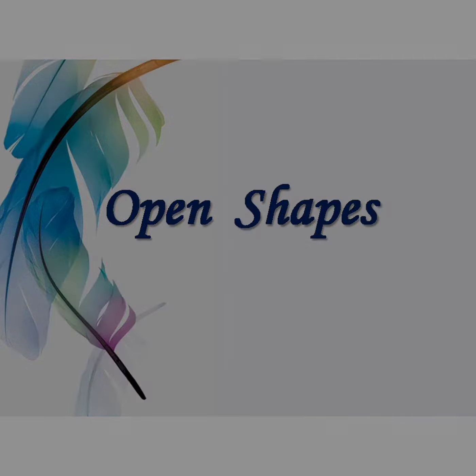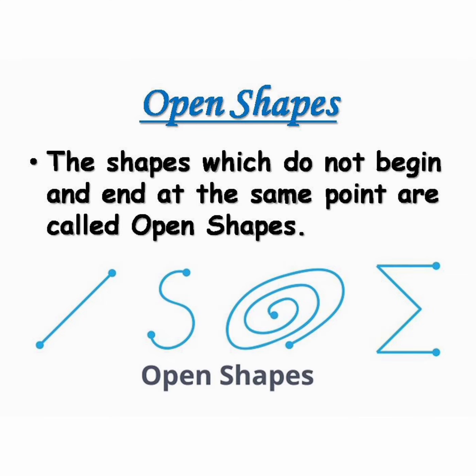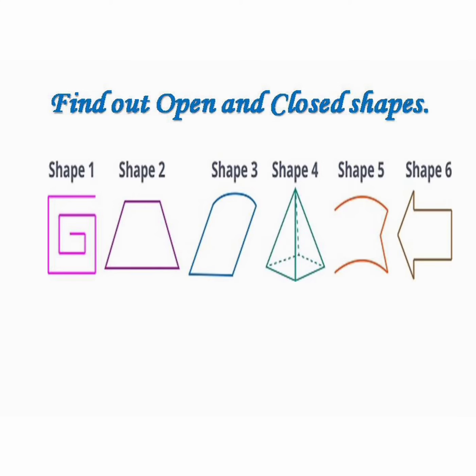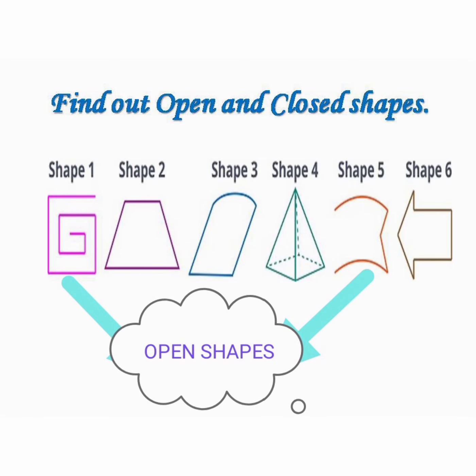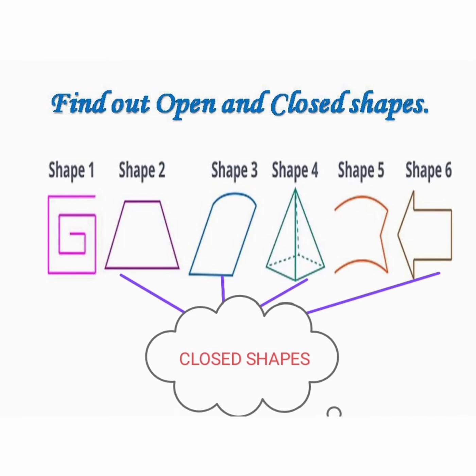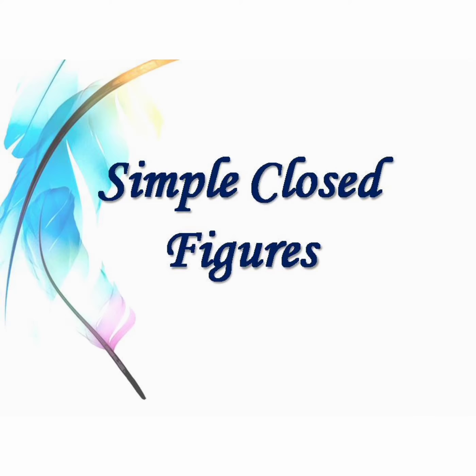The shapes which do not begin and end at the same point are called open shapes. All given shapes are open. In this given set of figures, shape 1 and shape 5 are open shapes. Shapes 2, 3, 4 and 6 are the closed shapes.